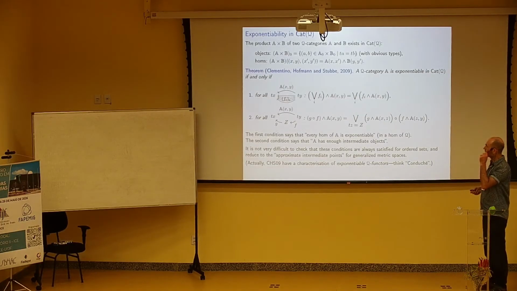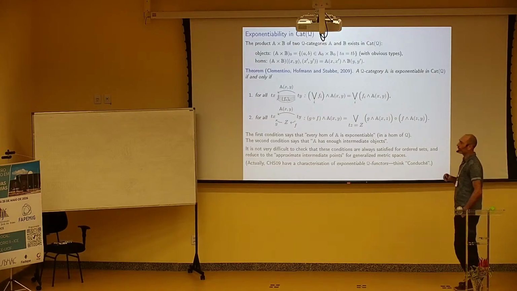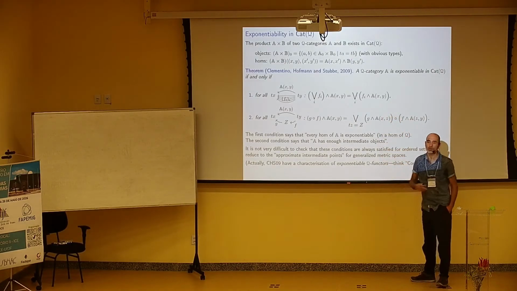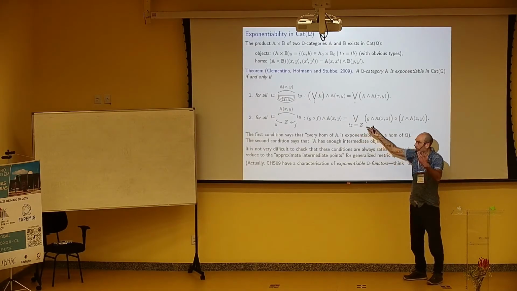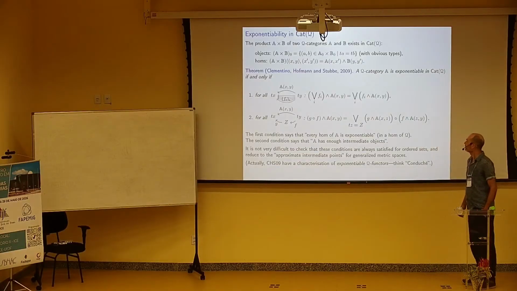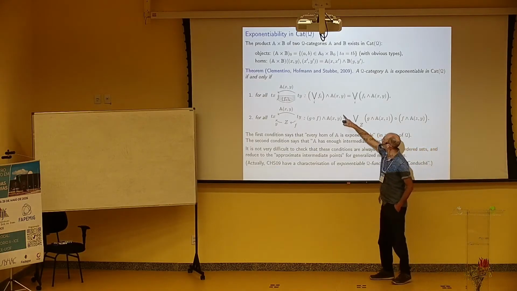And the second condition says that, a bit like metric spaces, the category A has enough intermediate objects, because this sup has to really land at this point. In fact here, the bigger-than is always true, it's the smaller-than which is the condition.